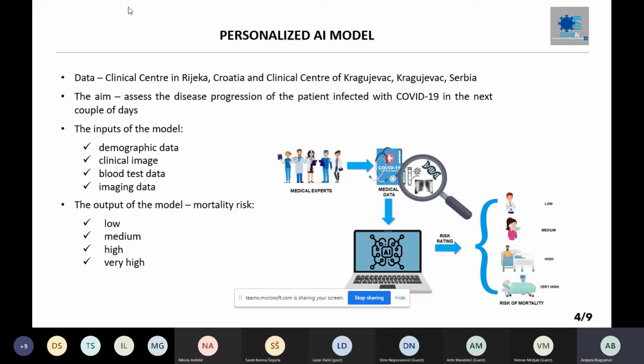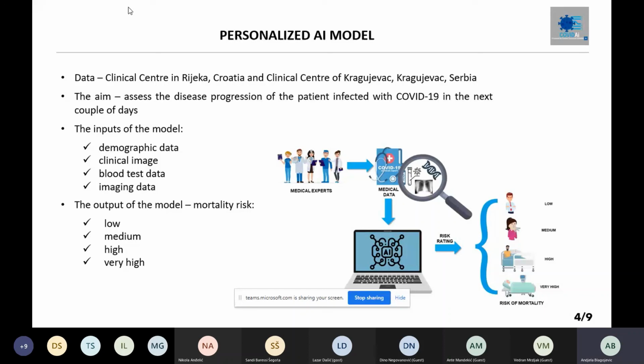This group consisted of 40 blood analyses, such as white blood cells, lymphocytes, urea, and many others. Imaging data is also a very important group. We used X-ray images and CT scans from this group.